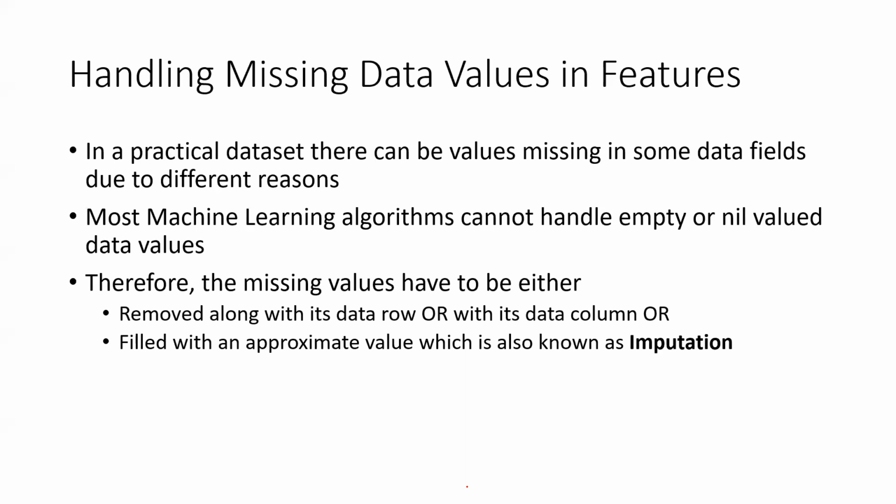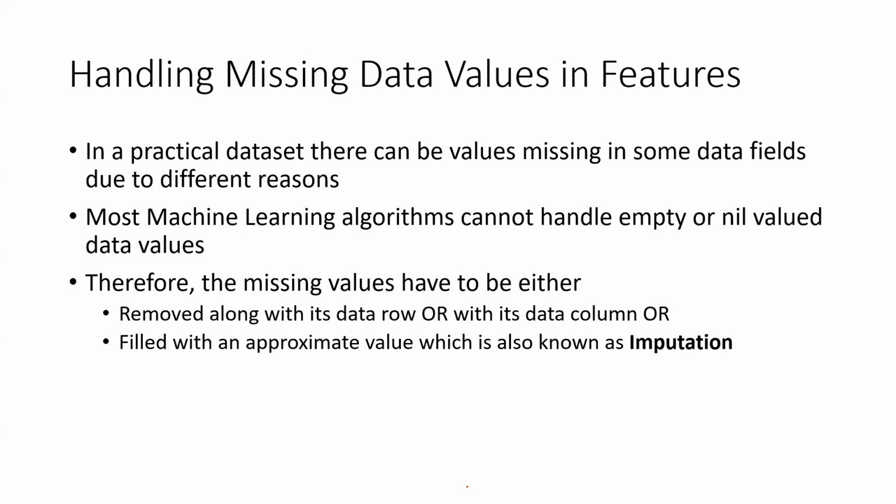That is how you can remove entries from your data set. Either you can remove it as a row or data record, or you can remove the column or the feature completely. Either way, what you are doing is removing the value. So when you remove the value, you will lose some other useful information as well. That is the downside of removing.